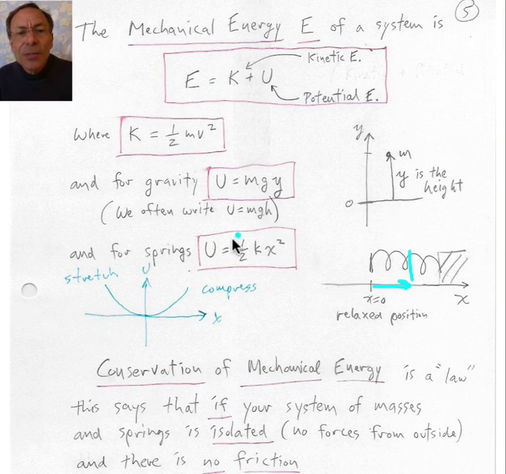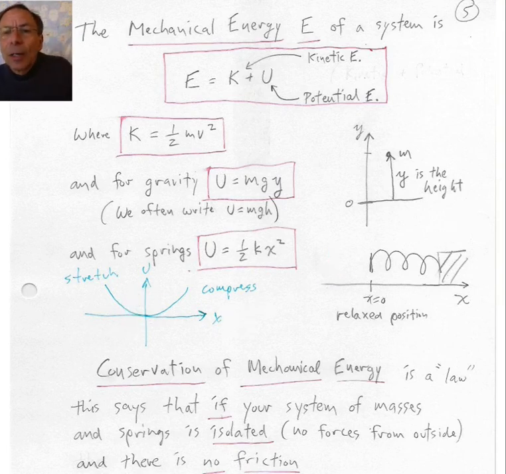And notice that since it's 1/2 kx squared, this ends up being a parabola, a quadratic. So over here, you're compressing the spring, positive x, and you could be stretching the spring, and that would be the negative x case.